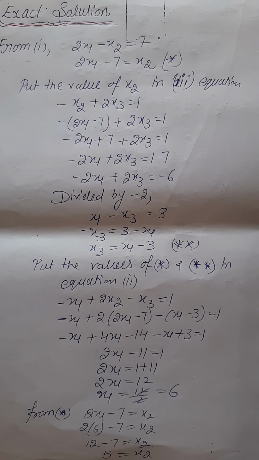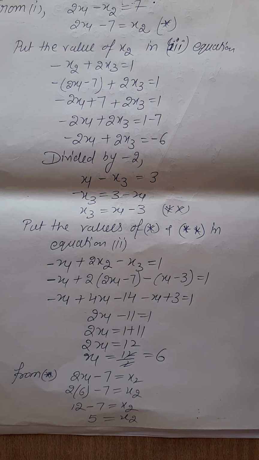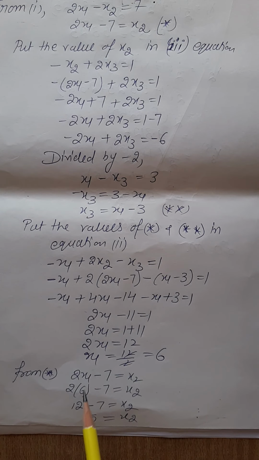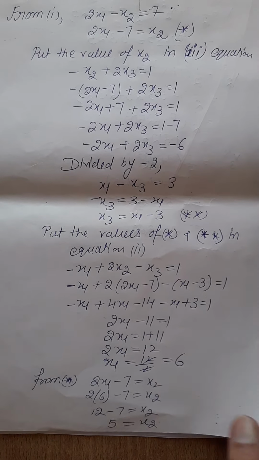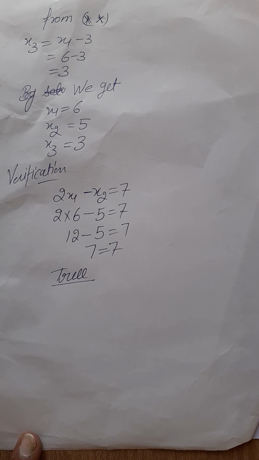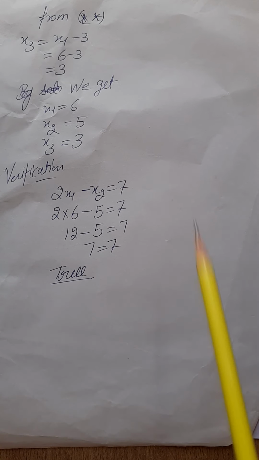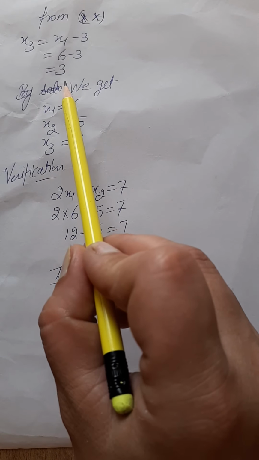Now we put the value of x1 in this equation and we get the value of x2. After that, we put the values of x1 and x2 in this equation and we get the value of x3 also.